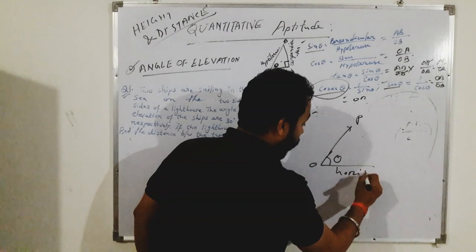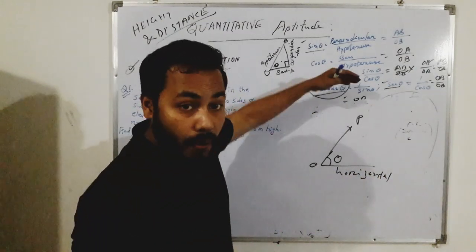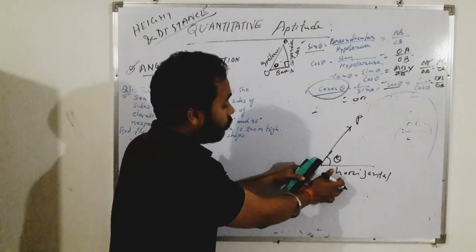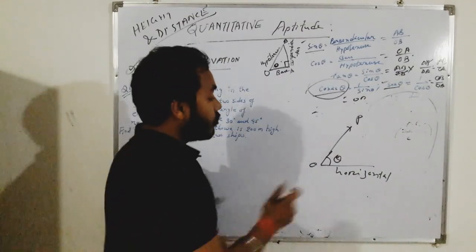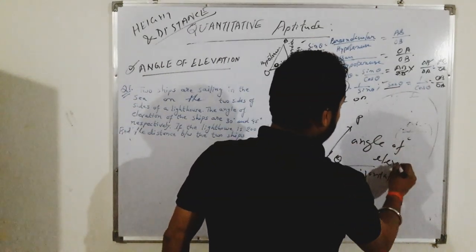This is our horizontal. Just remember the fact that P is above you, you are looking like this. So this angle that your line of sight is making with the horizontal is known as angle of elevation.